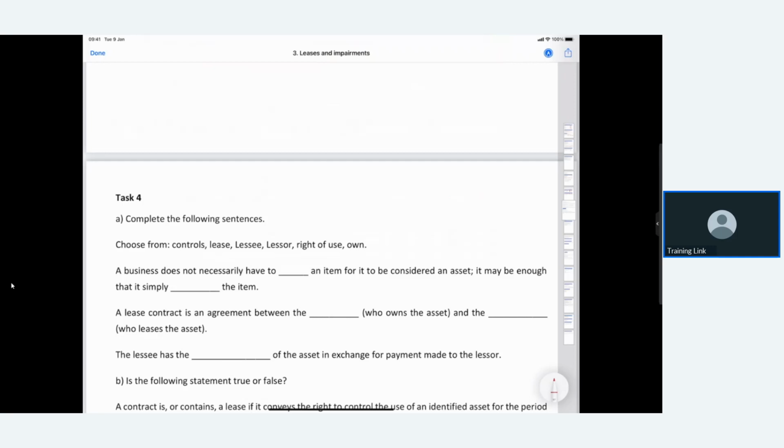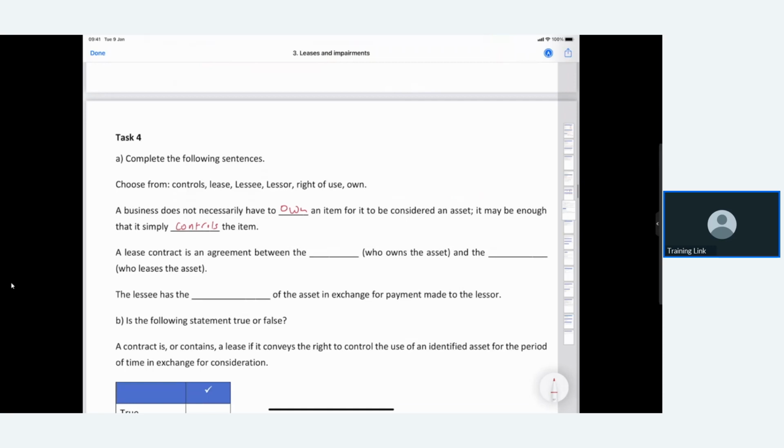Out of those options, that would be own. A business does not necessarily have to own an item for it to be considered an asset. It may be enough that it simply, and that would be, controls the item, i.e. you have use of that particular asset.